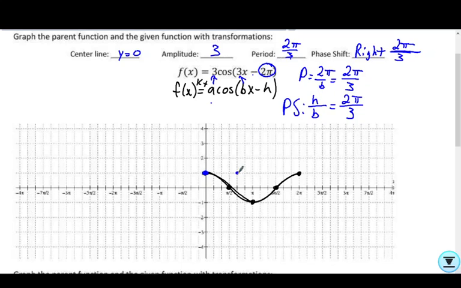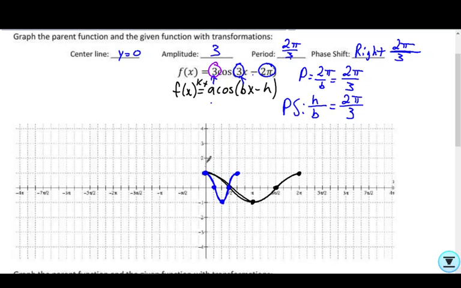It's going to end here at 2 pi over 3. So here is my horizontal compression. Next, I'm going to do my change in amplitude because you always do it in order of operations.